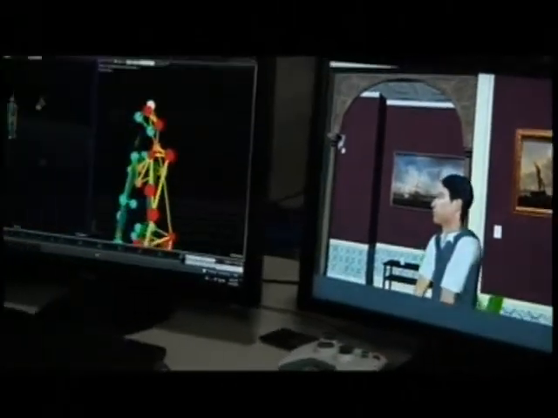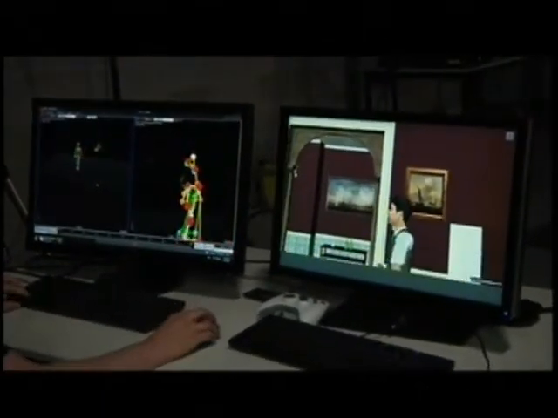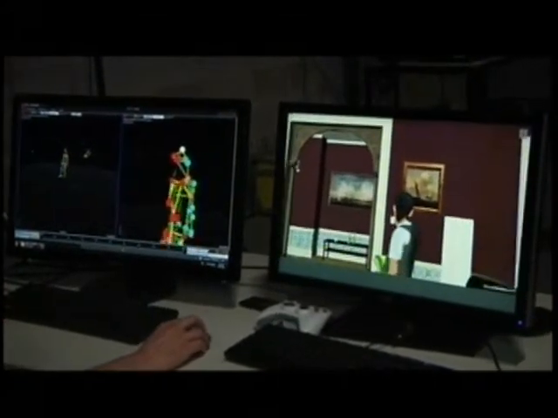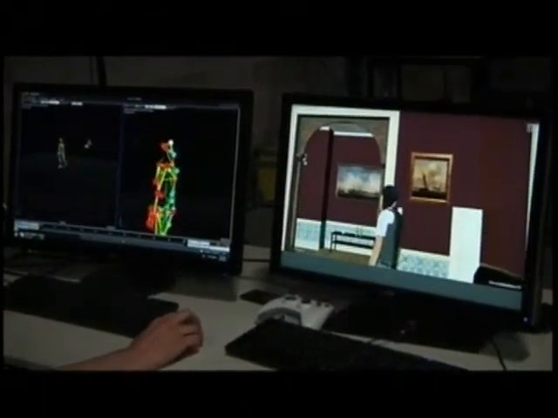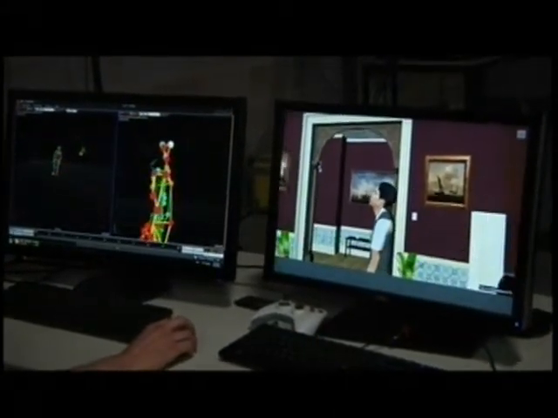Yeah, what we're doing here is we're able to have this real time within a program that allows you to see the set as well as the performers. It's being developed and used by cinematographers, directors, producers.